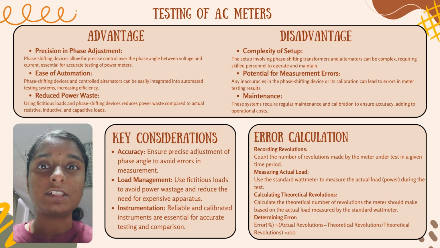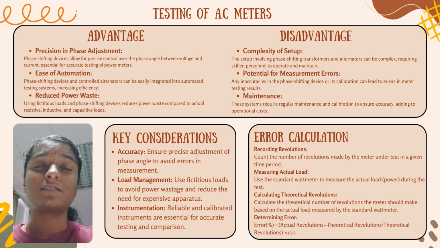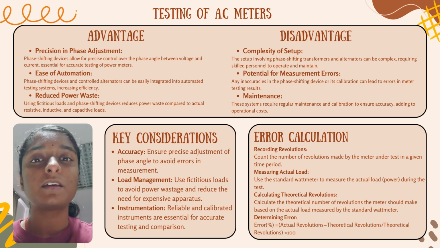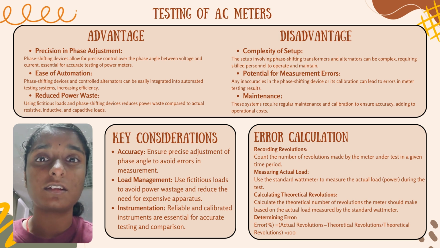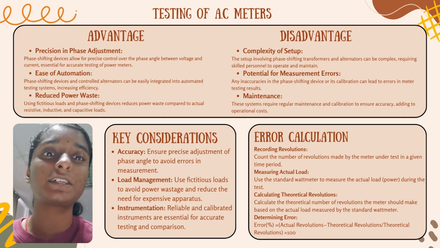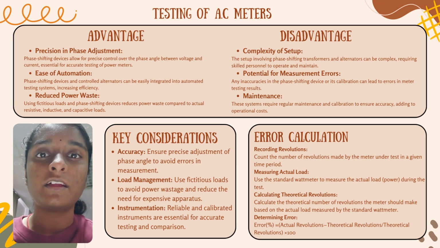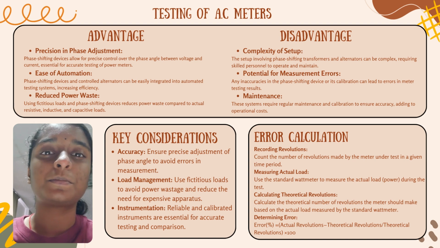As for the disadvantages, the first one is complexity of the setup. As we saw in the diagrams earlier, both setups are complicated as they involve phase shifting transformers and alternators, which can be complex in connection, and it needs a skilled person to operate.